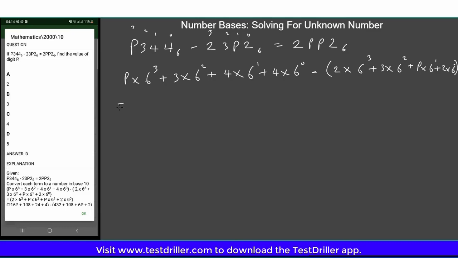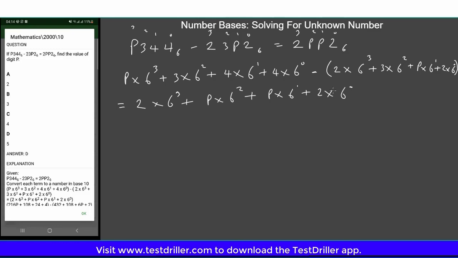Then we want to equate that to 2 times 6 raised to the power of 3 plus P times 6 raised to the power of 2 plus P times 6 raised to the power of 1 plus 2 times 6 raised to the power of 0.